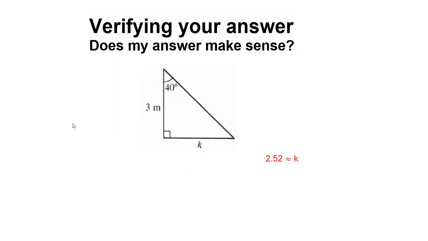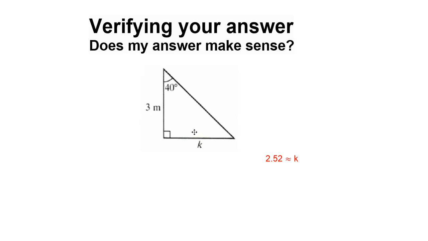And then lastly, the last one, 40 degrees. I think this one's really interesting because if you know that your reference angle is 40 degrees, the other one is going to be 50 degrees. Those two are pretty close numerically.